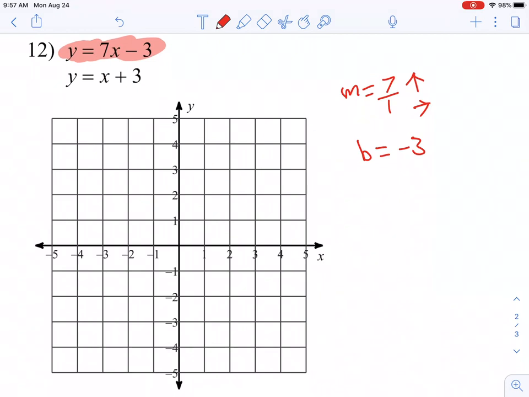If I were to plot that, I would find negative 3 and then count up 7. 1, 2, 3, 4, 5, 6, 7, right 1. So there's my 7 over 1. There's not going to be enough room on this graph to have more than 2 points.